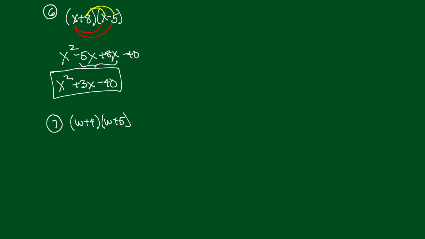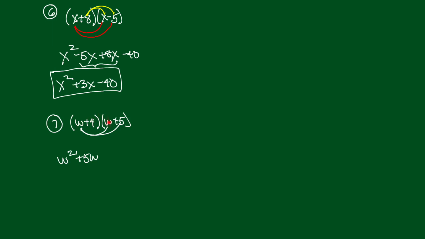Number 7. Binomial times binomial. So let's multiply. I'll start with a w, and I'm going to run it through all the way over here. So I'm going to get this w times that w. That'll be a w squared. And then this w times positive 5. All right, positive w times positive 5 is plus 5w. All right, so I'm done with a w. Now, move over to the 4.